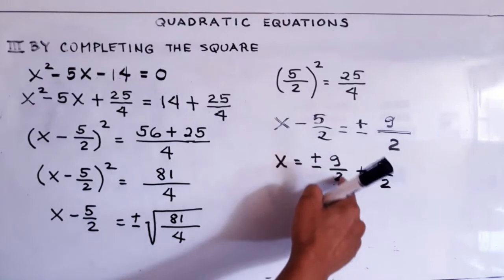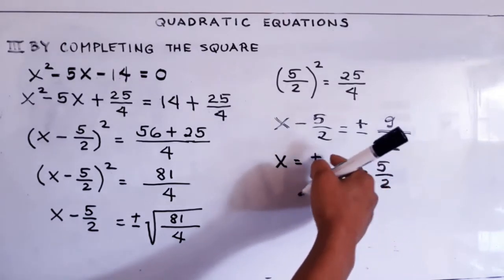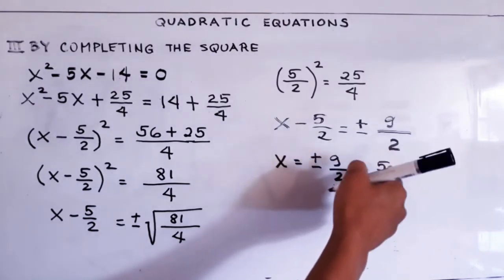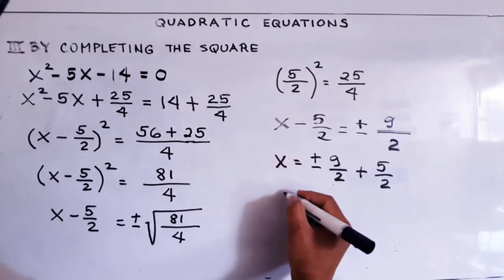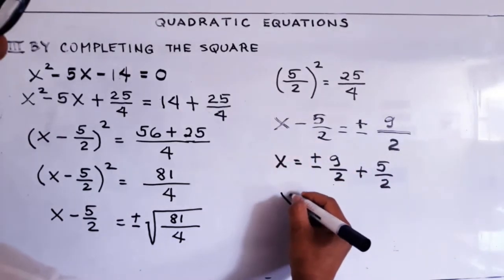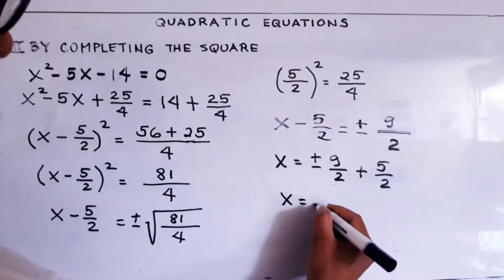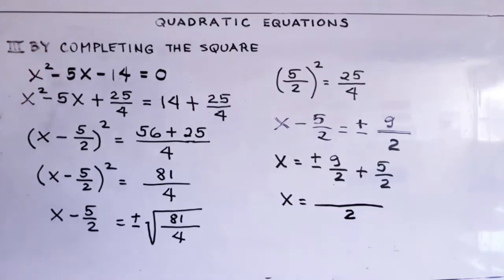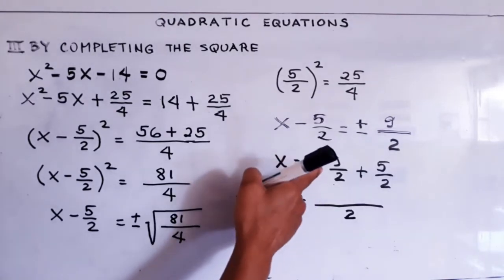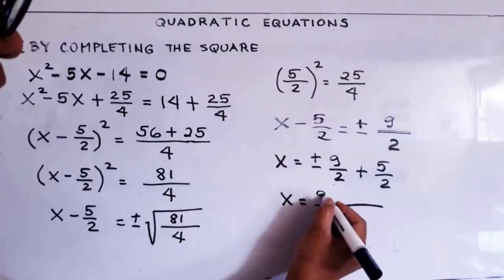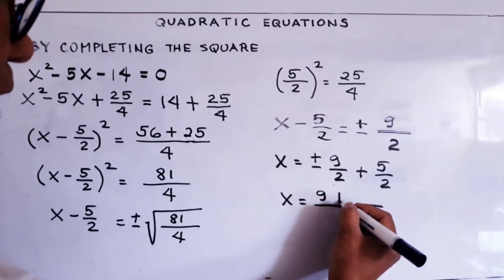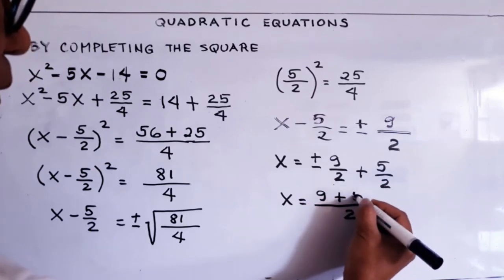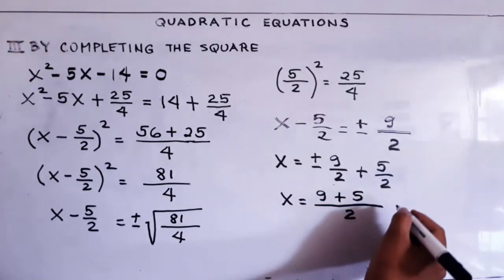Okay, they have the same denominator, so we can just add or subtract the numerators. So let's have the first one. We write the first one is equal to, write the 2 here. We'll combine. Let's have the positive first. We have 9 positive here plus 5 here. That's the first one.